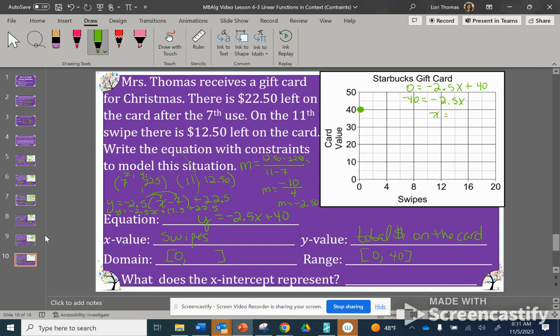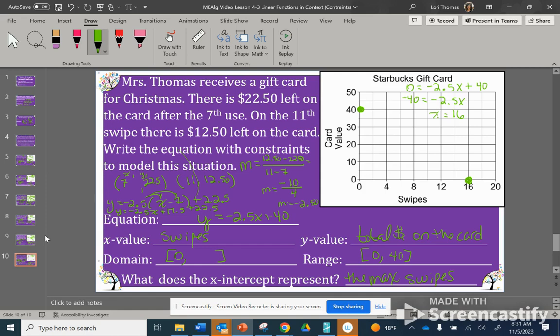And x, the number of swipes, is 16. So when she swipes on the 16th time, she will have 0 money on the card. So what does the x-intercept represent? The maximum swipes. How many cups of coffee she can get from the gift card.